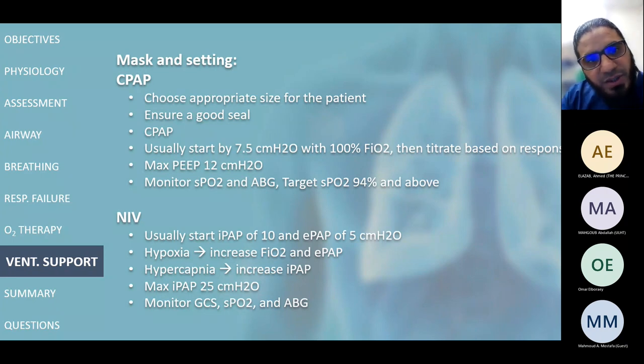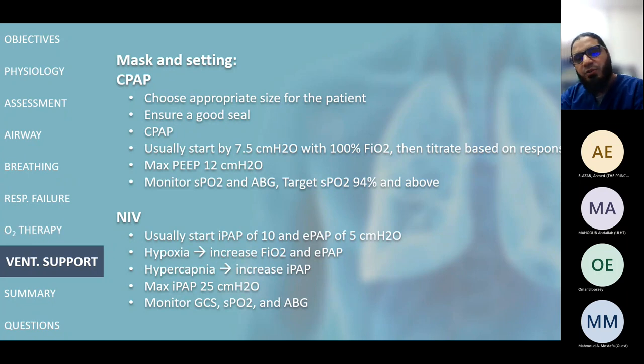Using the CPAP, as I said earlier, you can use a tight mask or a hood. So you have to choose the appropriate size for the patient and ensure that the device is good, has a good seal and not leaking. Usually you will start with a CPAP of 7.5 and FiO2 of 100%, and then you can titrate them down as per patient response.